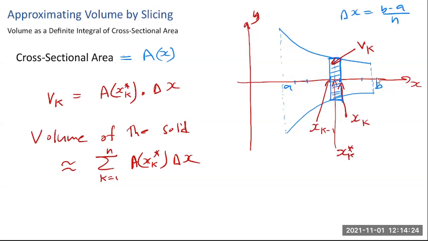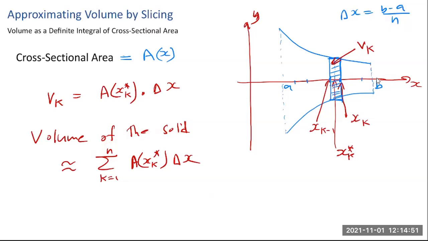So I'm going to send n to infinity to get the exact value of the volume. I'm going to take the limit as n goes to infinity of this expression. As n goes to infinity, these disks become thinner and thinner, so that gives you the exact value of the volume.